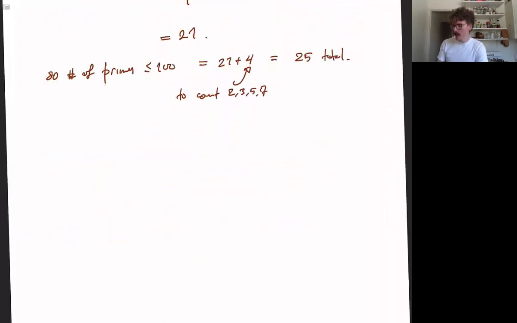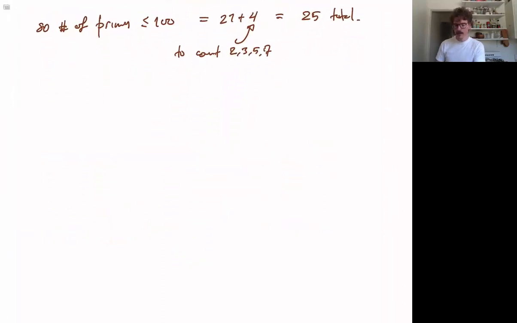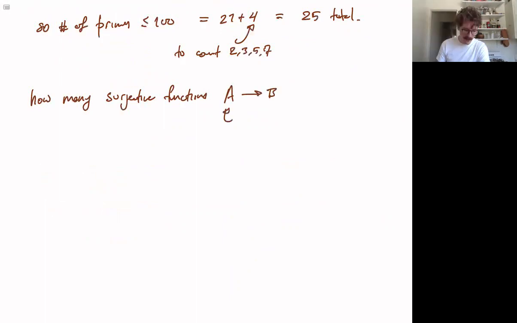So let's take a look at another application, another example of inclusion-exclusion. How many surjective functions from a set A to a set B, where this has m elements, and this has n elements?